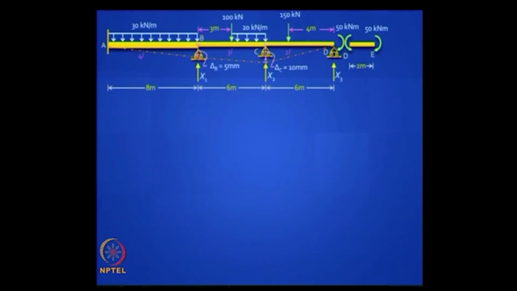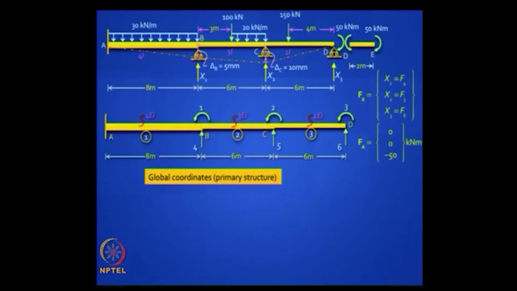Okay, how do we proceed now? Well, first global coordinates. You have 6 of them here, that is the minimum you have, because you have 3 rotations on top, 1, 2, 3, and you have these 3 redundants 4, 5, 6. Is it clear?